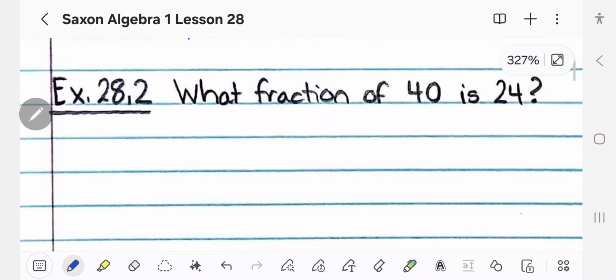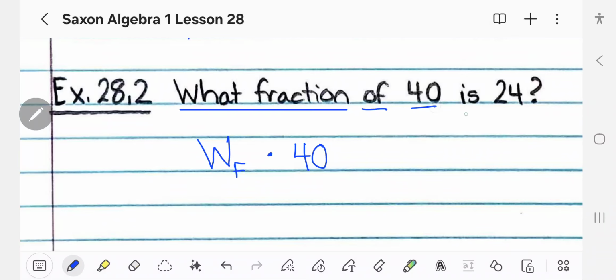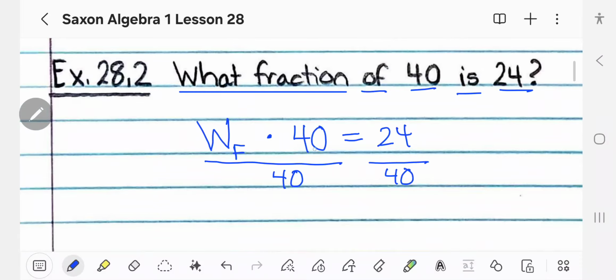Example 28.2. Now, when they have what number, they use WN. When they have what fraction, they use WF, and I'm going to use the subscript F. What fraction of, we know is multiply, 40 is 24. So we're multiplying by 40, and we can get that variable by itself if we divide both sides by 40, or multiply by the reciprocal if you wanted to. I think here, since we're going to get the fraction, this seems to be the easiest way. Now, this won't divide evenly.